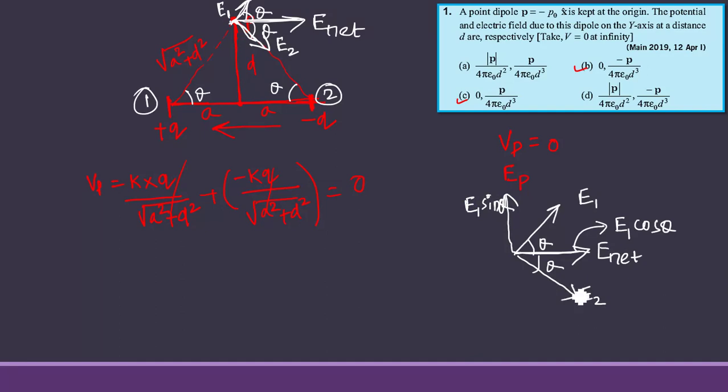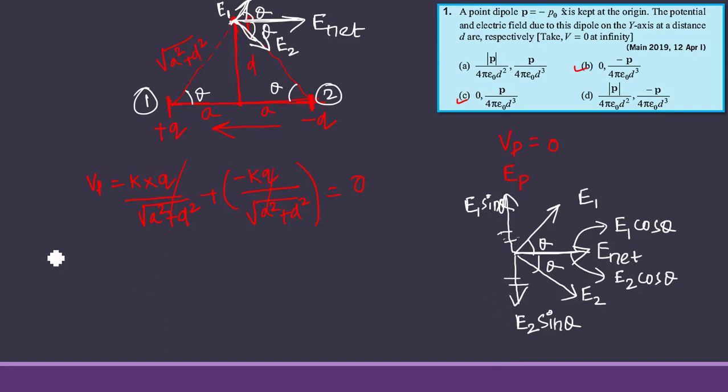For E2 similarly, the horizontal component will be E2 cos theta and the vertical component will be E2 sin theta. These two vertical vectors are in opposite directions, so they will be cancelled. If you put the values of E1 and E2, it will be plus and minus, going to 0.